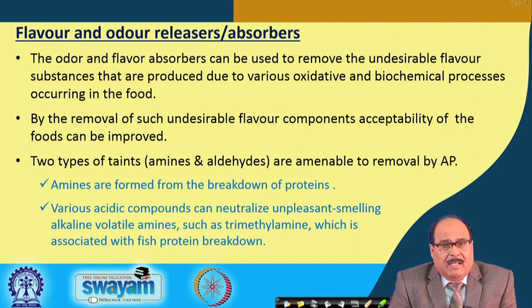By the removal of such undesirable flavor compounds, the acceptability of the food material can be improved. Two types of taints, that is amines and aldehydes, can generally be easily removed by active packaging. Various acidic compounds can neutralize unpleasant-smelling alkaline volatiles such as trimethylamine, etc.